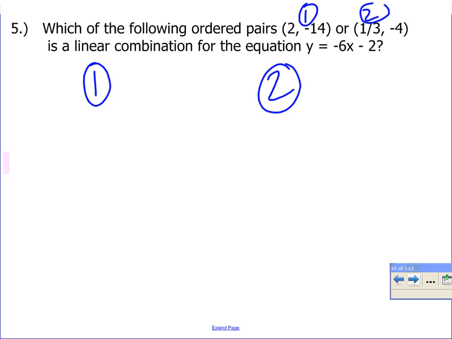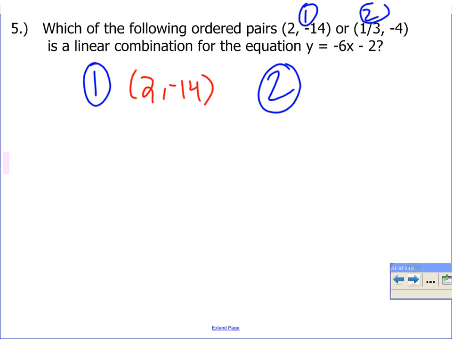It could be both, it could be none, it could be one or the other. Okay, number 1 is 2, negative 14.